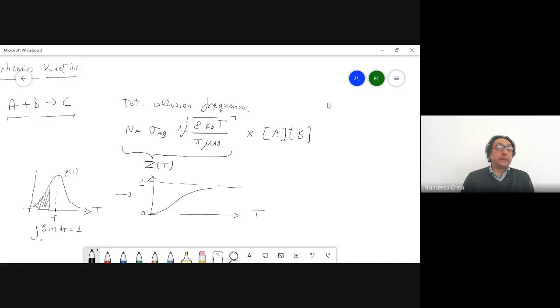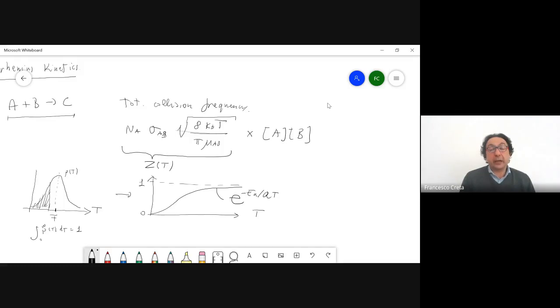What this means is essentially as you increase the temperature, you have a larger and larger fraction of molecules having an energy which is bigger than a certain activation energy. So this function here is, in fact, analytically, you can prove this, but I'm not going to do it, e to the minus EA over RT. And clearly for T going to infinity, this goes to 1, essentially.